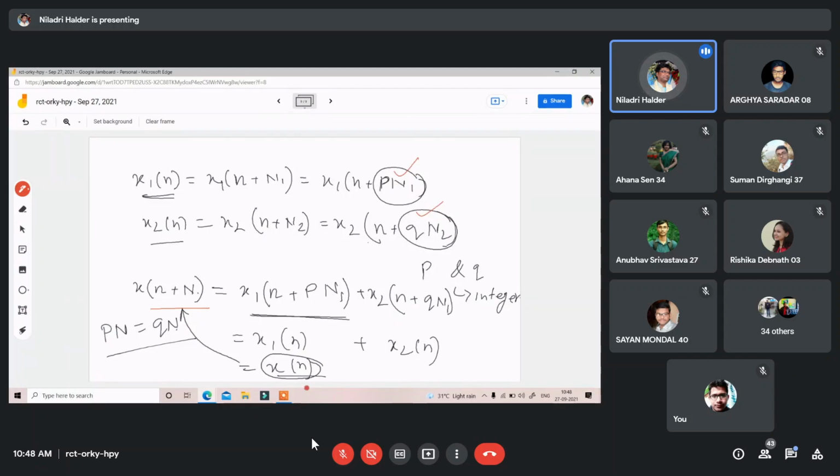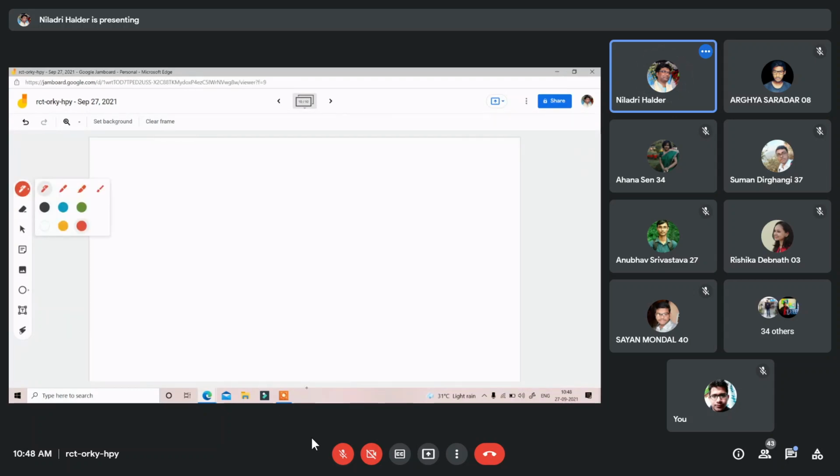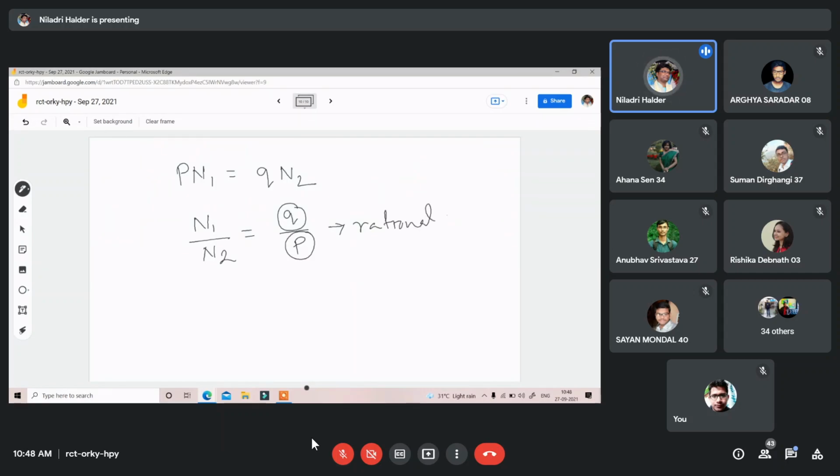So the condition is that pN1 must be equal to qN2, or simply N1 by N2 will be q by p. q is an integer, p is an integer, so q by p is a ratio of two integers, means it's a rational number.